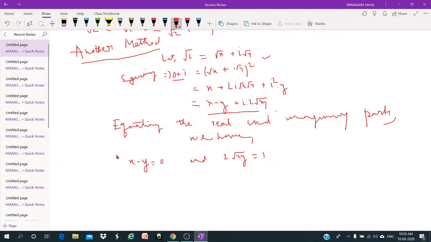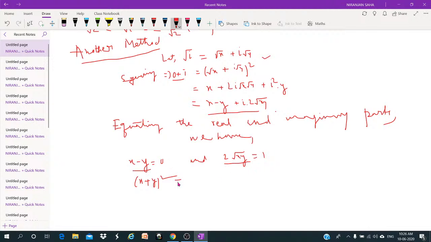Now we will find the value of x plus y whole square using these results.